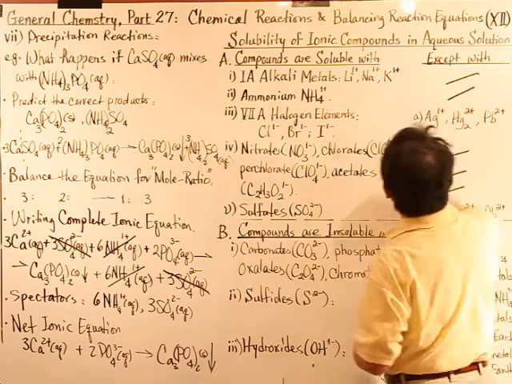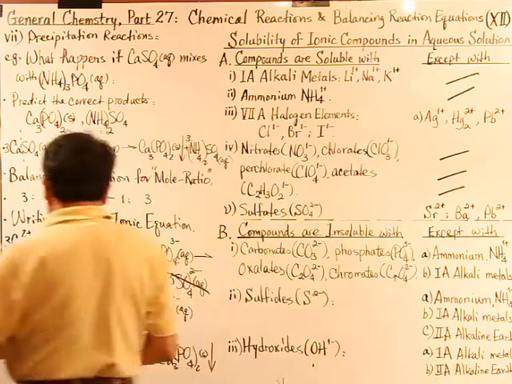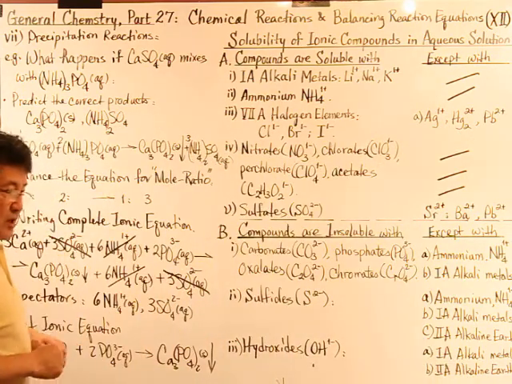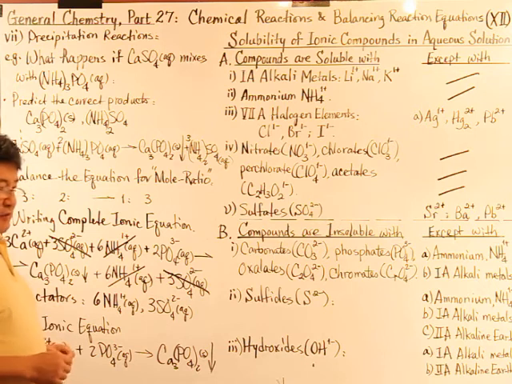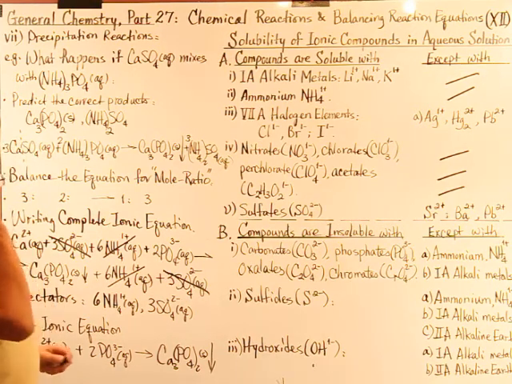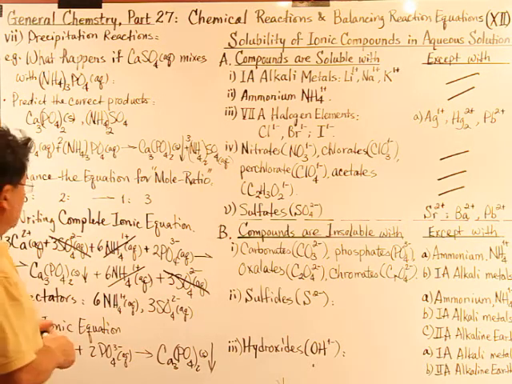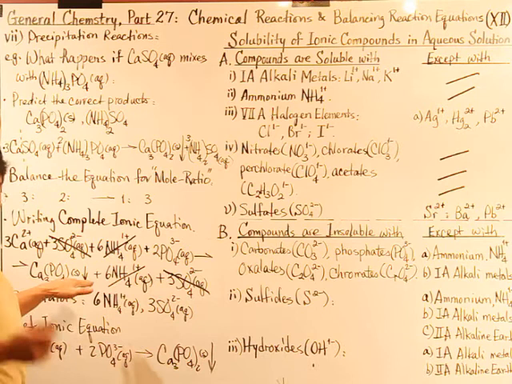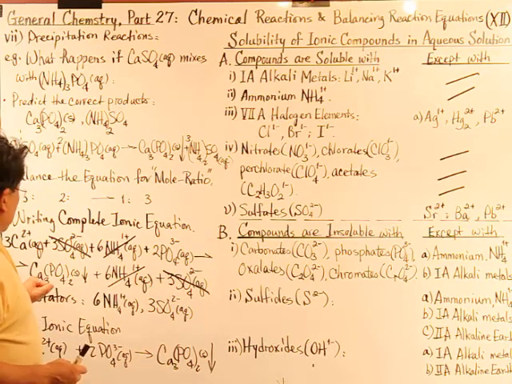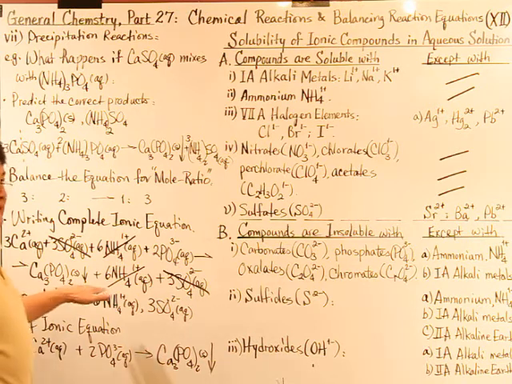Now we are in the middle of concluding the final steps on one of the examples in precipitation reaction. We were up here and then the tape cut off on me, so we were talking about spectators.